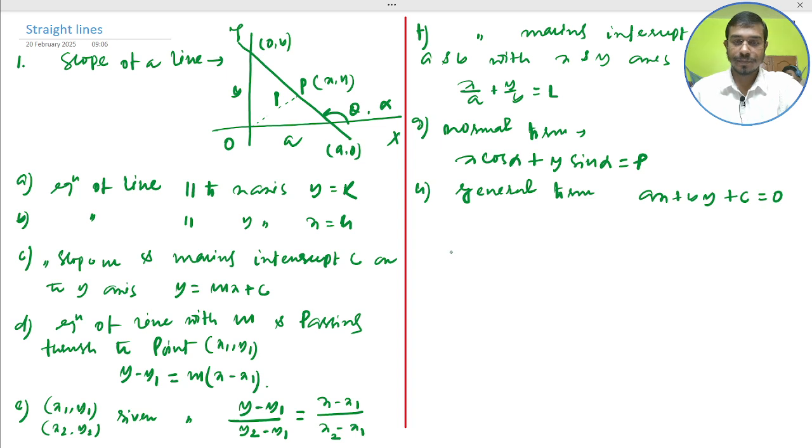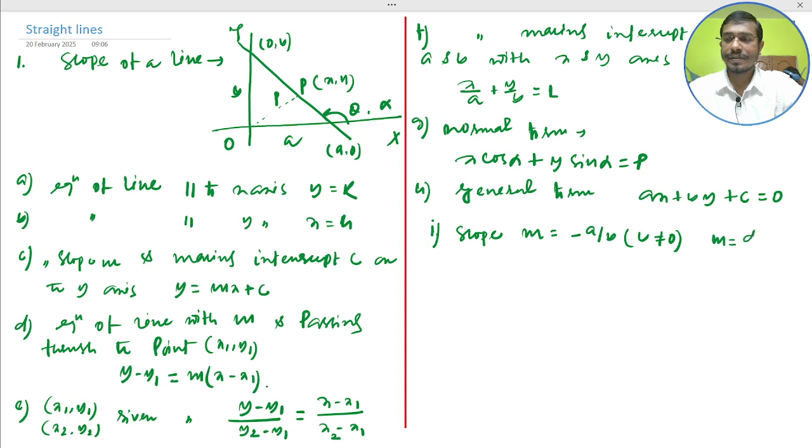Here the slope m is minus a by b, where b is not equal to 0, because slope means dy/dx. Just differentiate this equation with respect to x and you will get this form. M means dy/dx. This is tan theta.